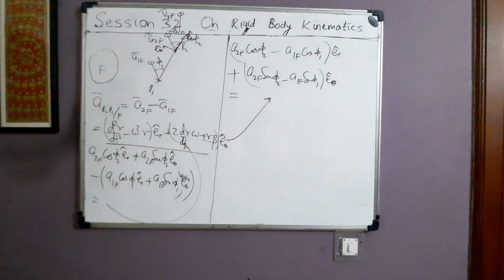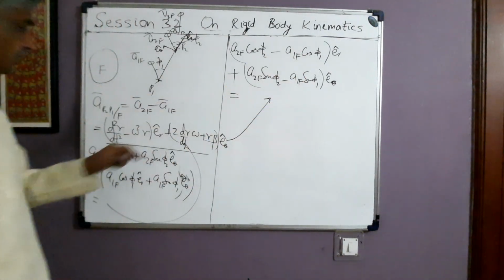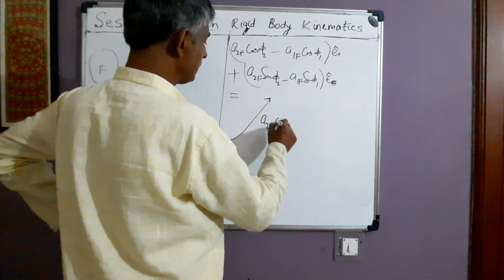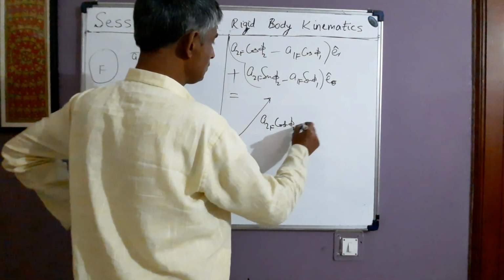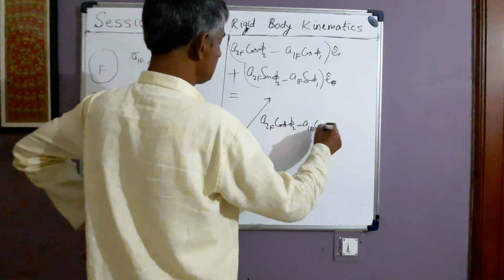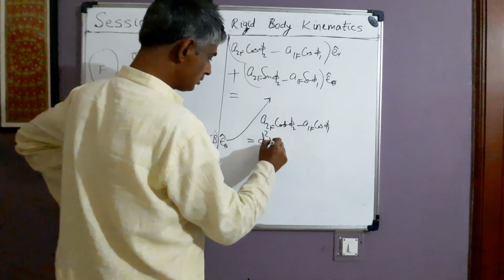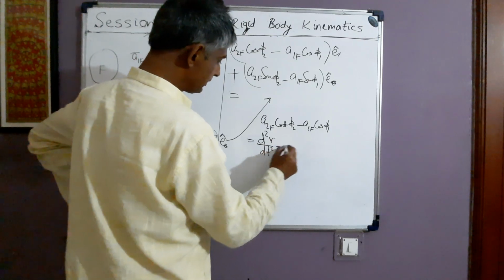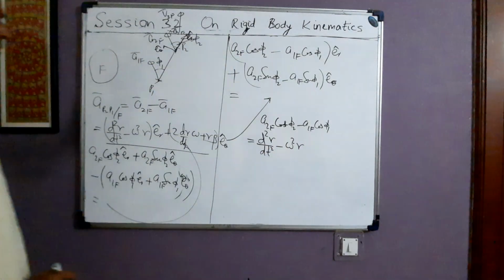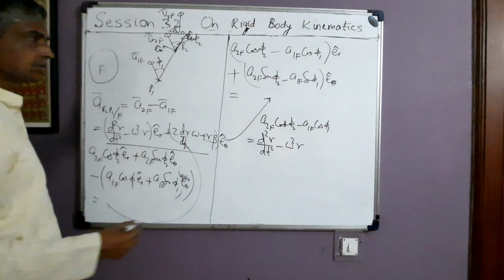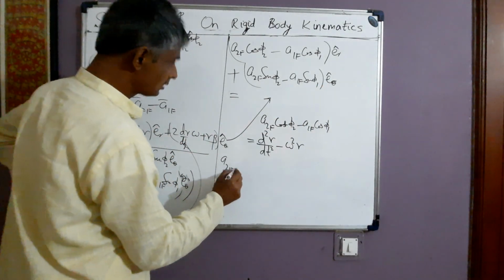So if we equate the corresponding coefficients of ER and E theta hat on both sides, what do we get? We get A2F cos phi 2 minus A1F cos phi 1 is equal to d2r by dt2 minus omega square r. And if we equate the corresponding coefficients of E theta in both these equations, then what do we get?